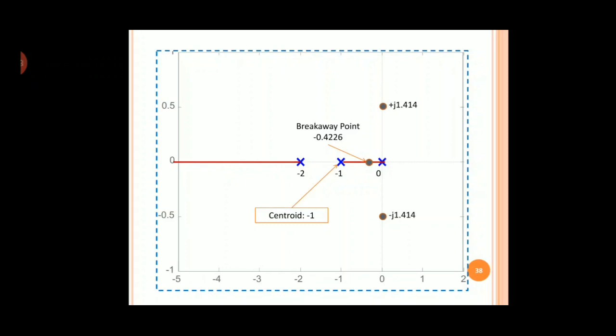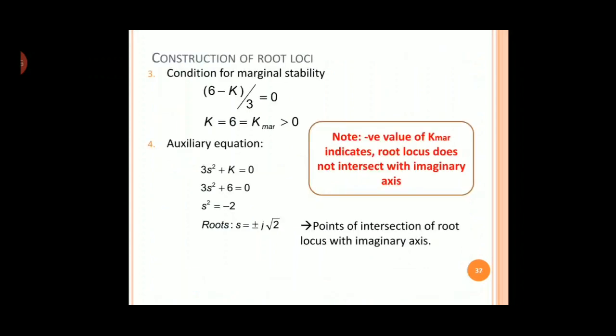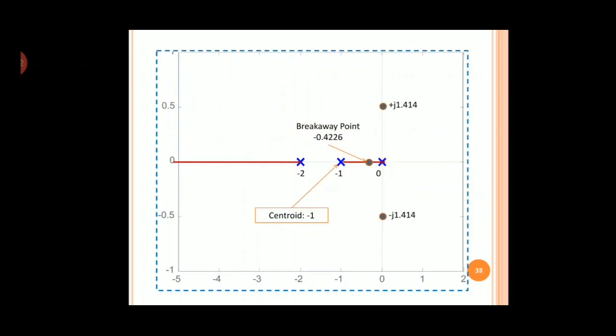Here you can see we have marked all the poles. We have also marked RL and NRL, the breakaway point, centroid, and point of intersection. Plus or minus j root 2 is root 2 equal to 1.414, which is also marked on the imaginary axis: plus j 1.414 and minus j 1.414.